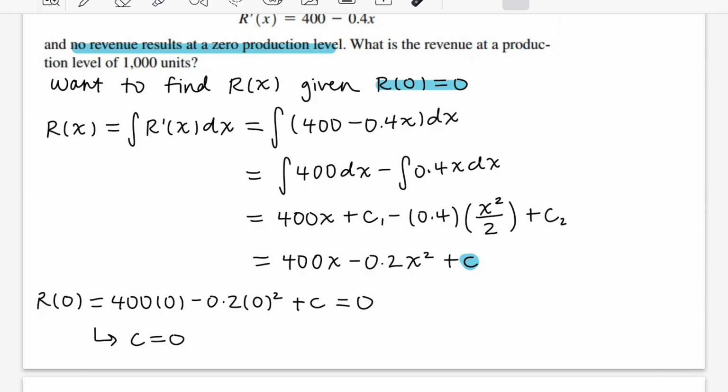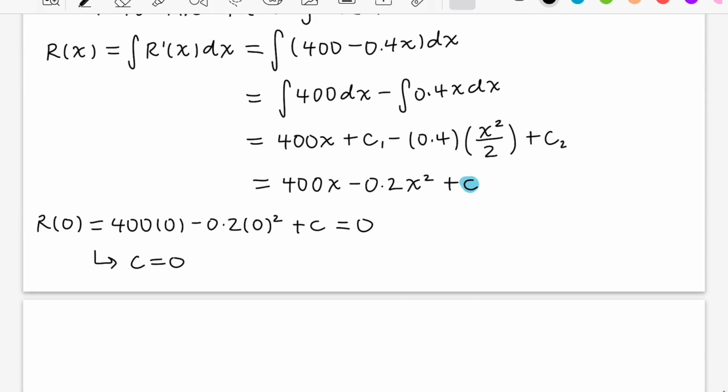So c is equal to 0, and therefore r of x, our revenue function, is going to be 400x minus 0.2x squared.